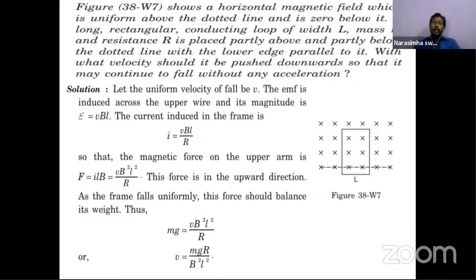The system is in equilibrium, so the upward force equals the downward force: mg is equal to B square L square v by R. Then taking out v, v is equal to mgR by B square L square.